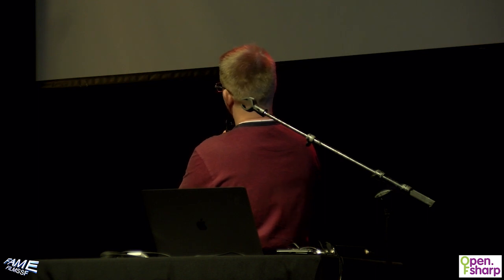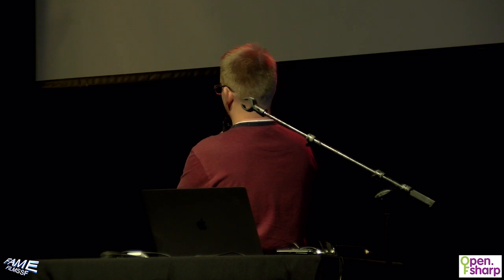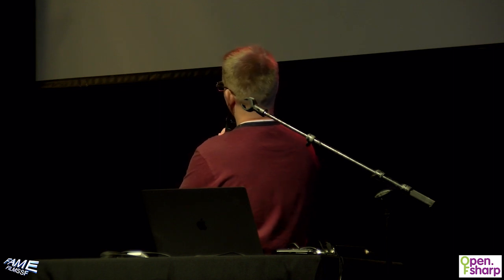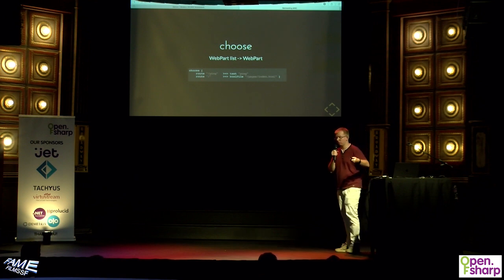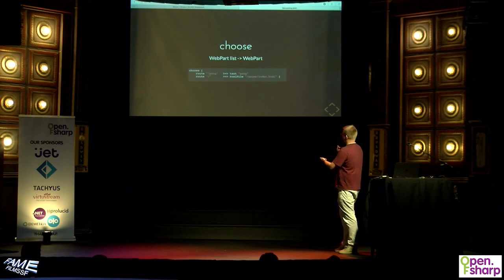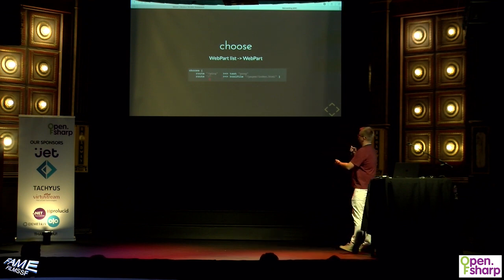If it's successful, then it goes here. If this is successful, then it returns the result of this operation. If the route is not ping, it means that this returned none, which means that this whole block returned none. So it goes to the second line and tries to evaluate the next HTTP handler. And yeah, if the route is slash, then it does something.